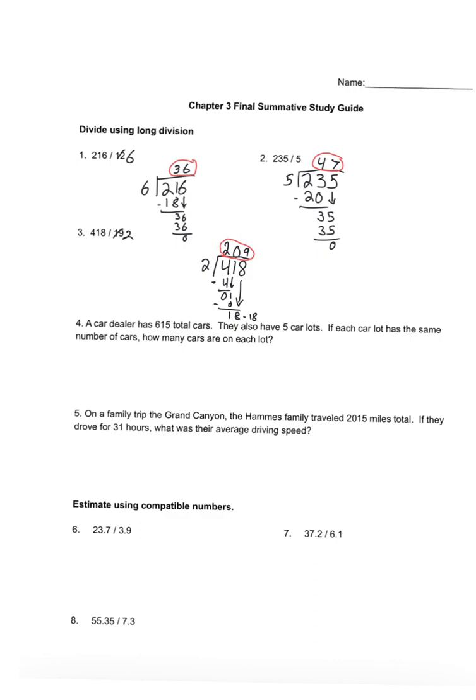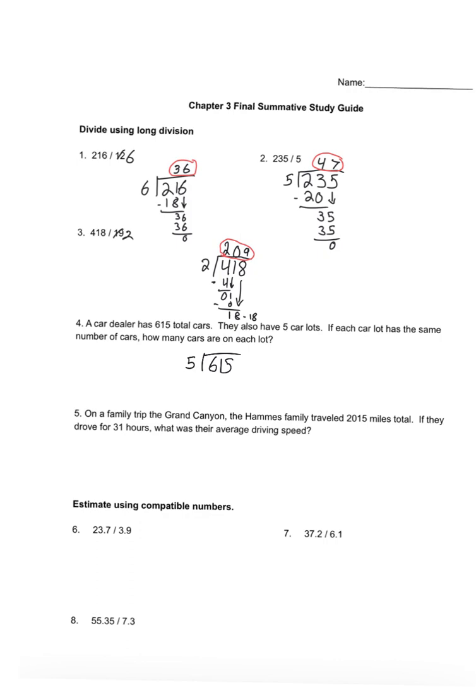So remember, when we are separating things into groups and we're trying to see how many of each are in something, so we're trying to figure out how many cars are in each lot, we're going to be doing division. We're dividing 615 cars into 5 lots.